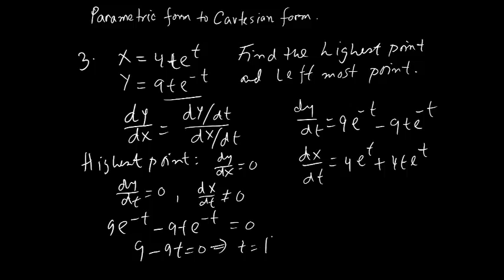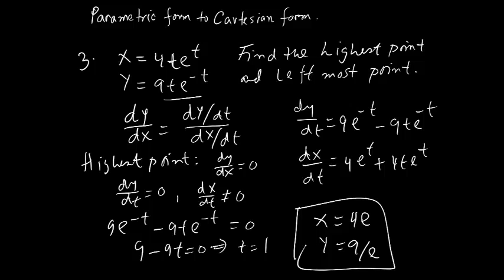When I plug t equals 1 here, you can easily see that dx/dt is non-zero. So t equals 1 will give me the highest point. When t equals 1, what is x? Plug it here. So you get 4e, and your y will be 9 over e. So this is the point where I have the highest value on the function.